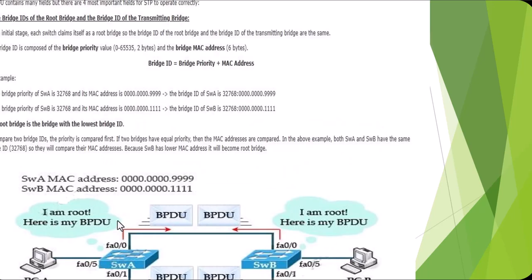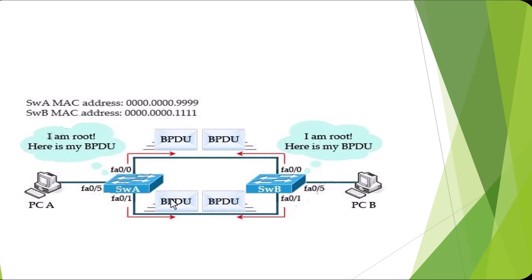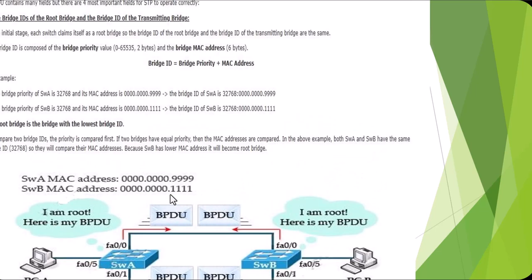If you look at this diagram, you will see that the first time, the two switches claim themselves to be the root bridge by sending BPDUs, or bridge protocol data units.